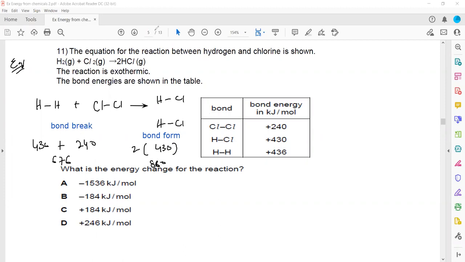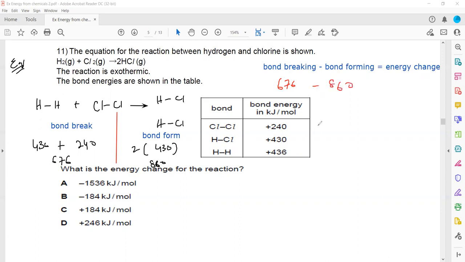So the energy change during a chemical reaction is bond breaking minus the bond forming, which equals the energy change. The bond breaking is 676, minus bond forming, which is 860.